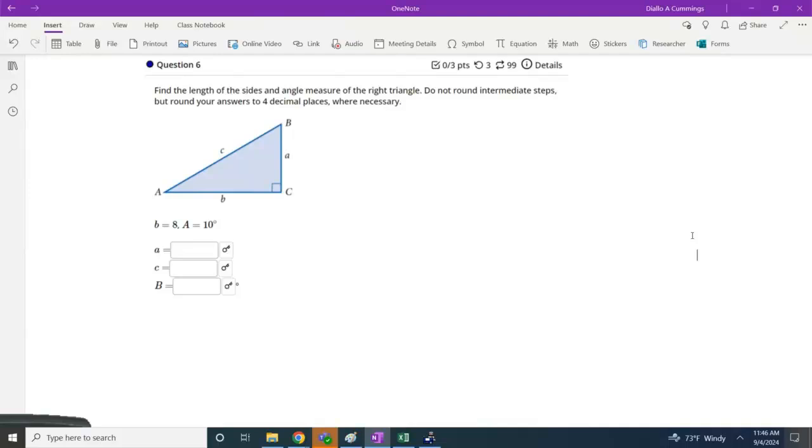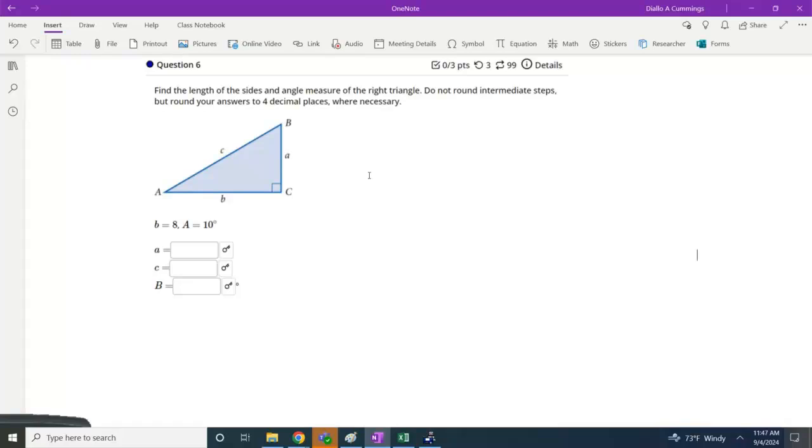Instead of it being like 3.4, I'm getting 3.5 or 3.6. That may be because of rounding error. In this course, and in math in general, you should only round your final answer. So that's what it means by don't round your intermediate steps.